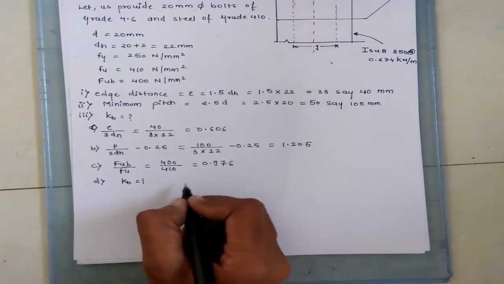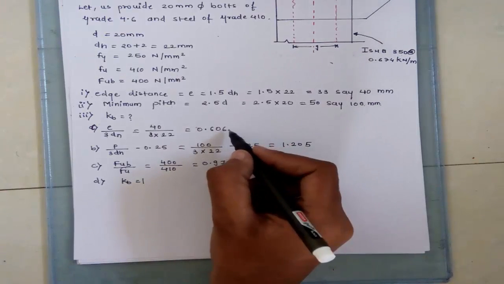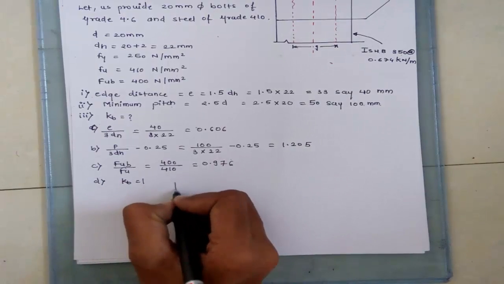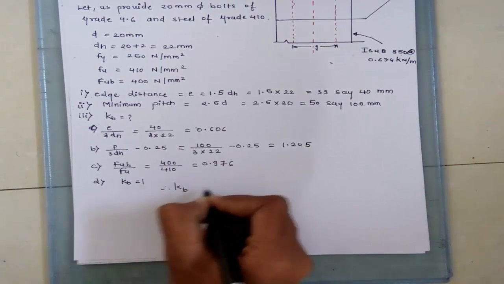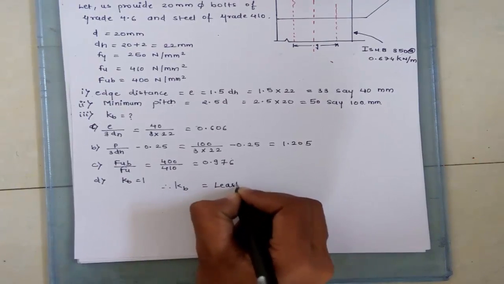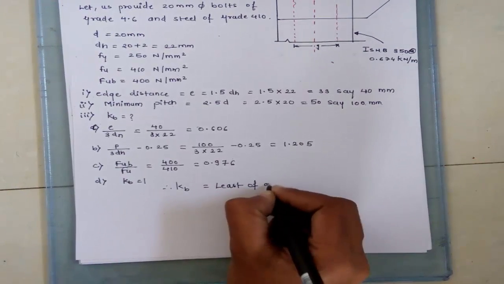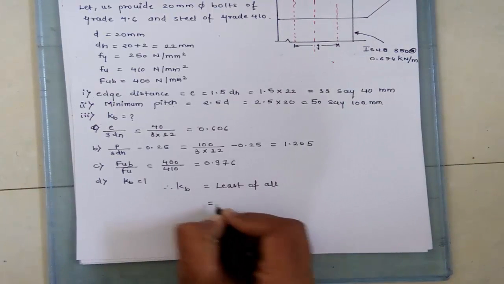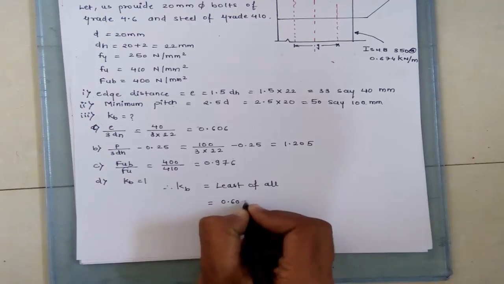We have to take the least value from these 4 values. So kb equals the least of all, that is 0.606.